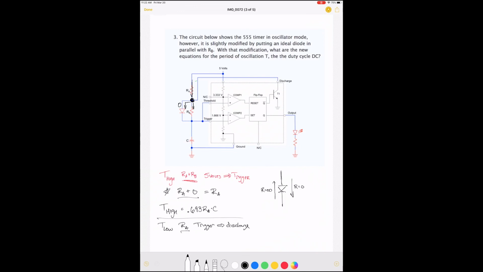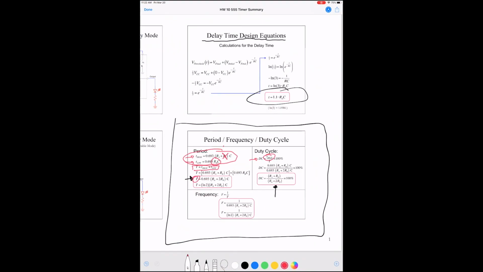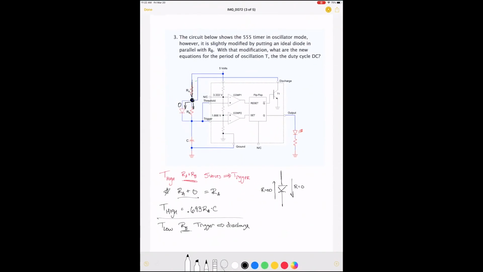So if we look at this, oh, I apologize. This should be not RA, but it should be RB right here. Let me just replace that. So T low uses RB, and we can see that in here. T low uses RB. And so we want to find the resistance from the trigger to the discharge. Let me remove some of these markings from before. If we're going from trigger to discharge, here is the trigger, and here is discharge.